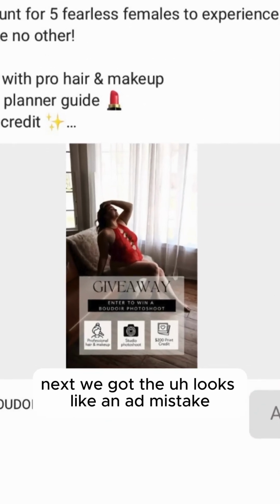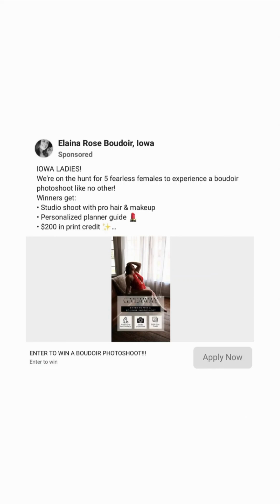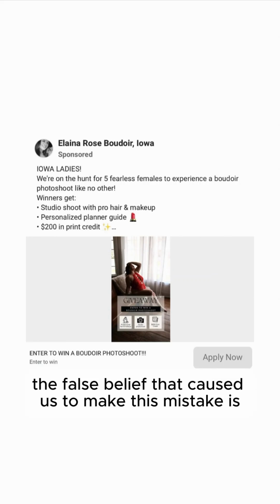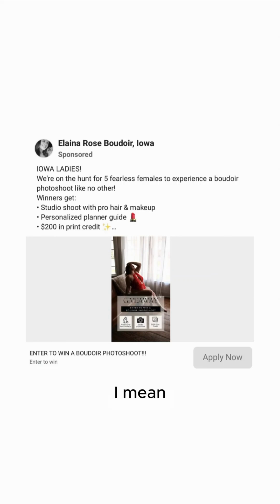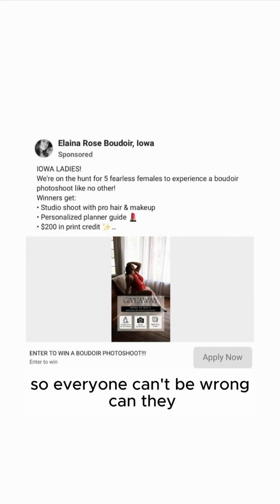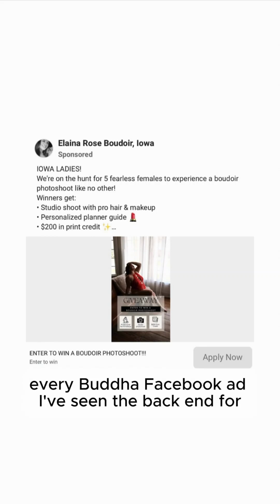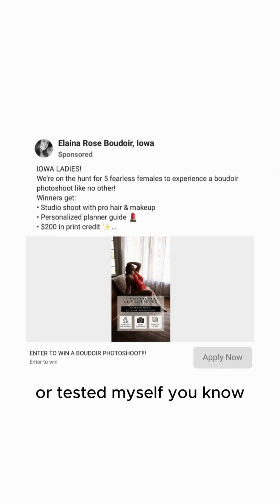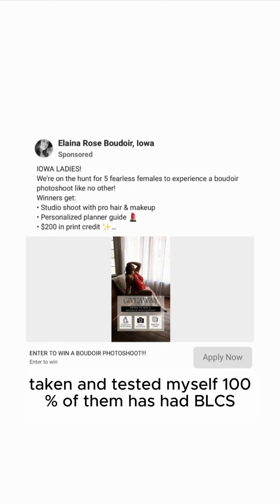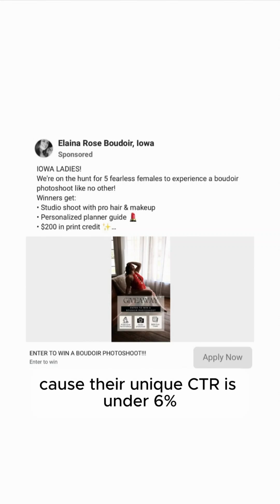Next, we've got the looks-like-an-ad mistake. So our photo or ad creative looks like an ad. The false belief that caused us to make this mistake is, we see all the other Boudoir Facebook ads around us. They all look like ads. So everyone can't be wrong, can they? Well, every Boudoir Facebook ad I've seen the back end for, or tested myself, 100% of them have had BLCS, Boudoir low click syndrome, because their unique CTR is under 6%.